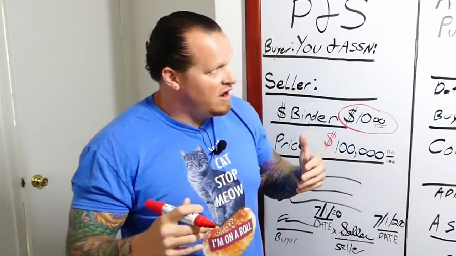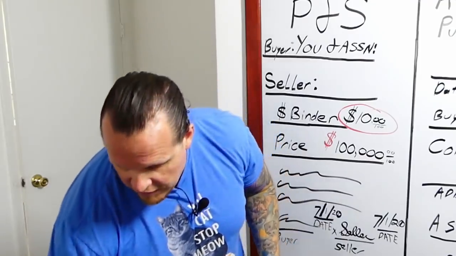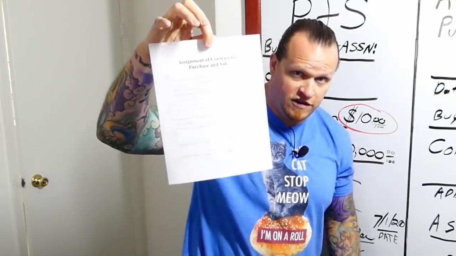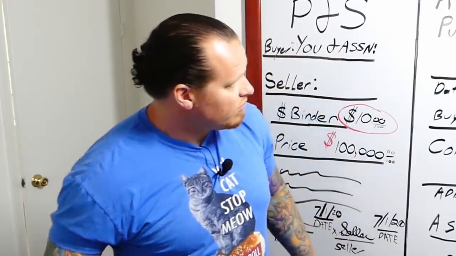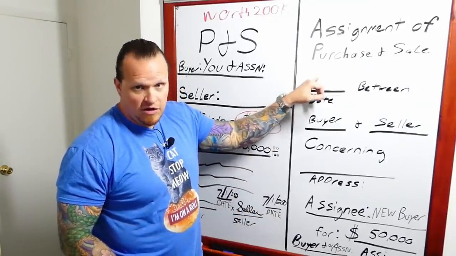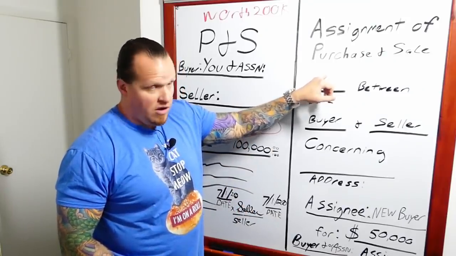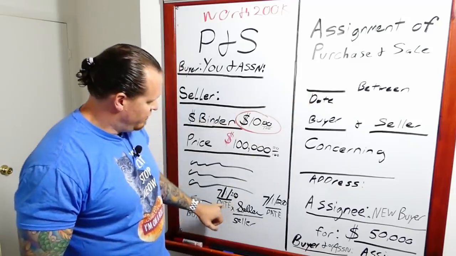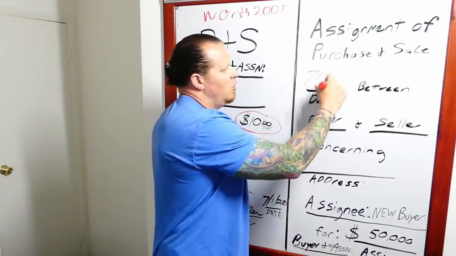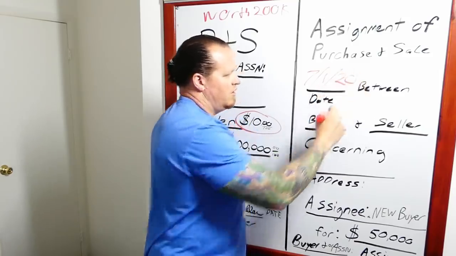And then comes the time to fill out your assignment of contract or assignment of purchase and sales agreement form, which is really simple. It's a one-pager, and it will have a date on it. The date on the top is going to be the date referenced on the purchase and sales agreement. 7/1/20, okay?